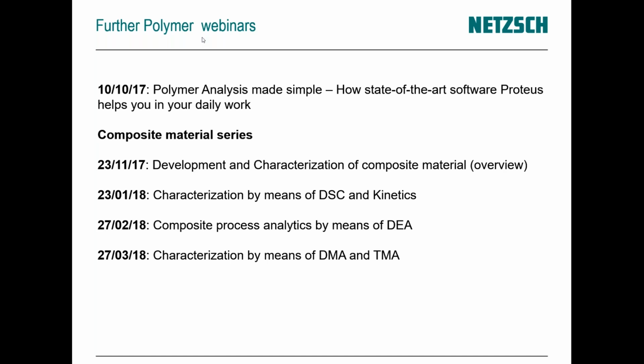We produce instruments for material testing. Today we talk about polymer testing. There's also a wide variety of applications. If you're interested in the portfolio, just refer to the homepage, or you can ask me later about that as well.